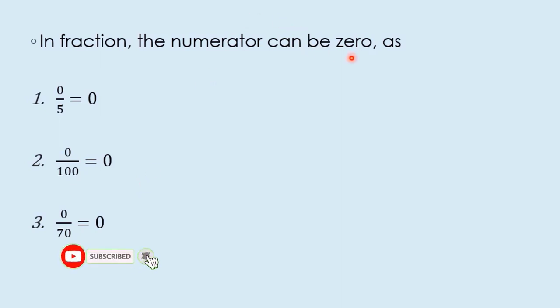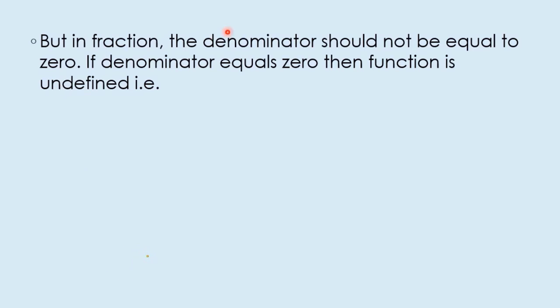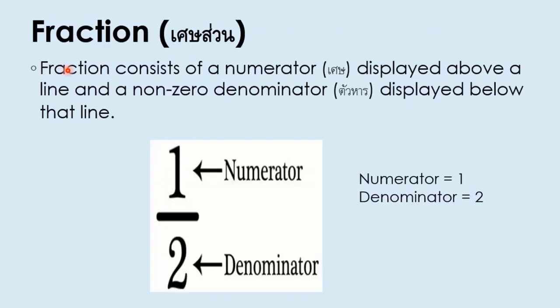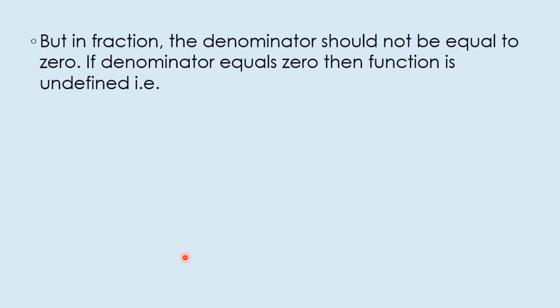Now in a fraction the numerator can be 0, but the denominator should not be equal to 0. In the denominator there can be positive numbers, negative numbers, but there should not be 0. Why? Because if the denominator is 0, then the function is undefined.